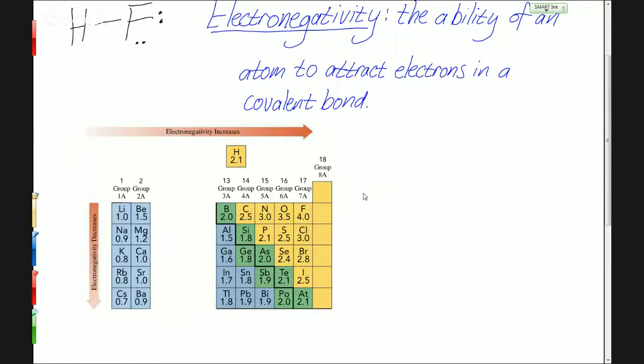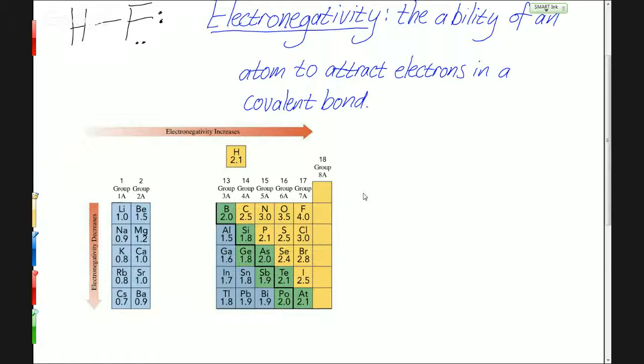The metals in the middle are kind of left out because those mostly just do ionic bonding, but you can see their electronegativities are quite low. Generally, when we talk about this, we're talking about it in the context of the non-metals because we're talking about covalent bonds. So if you look over, you see a variety of numbers like 2, 2.5, 3, up to 4.